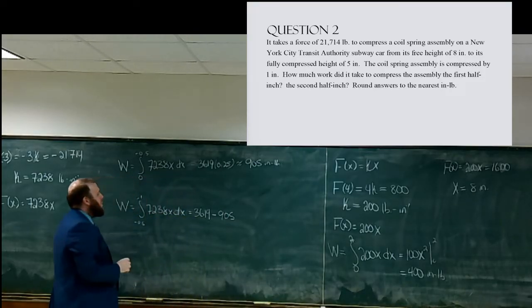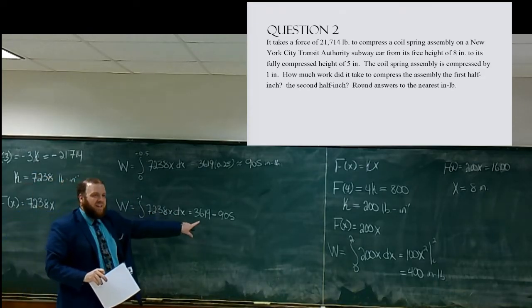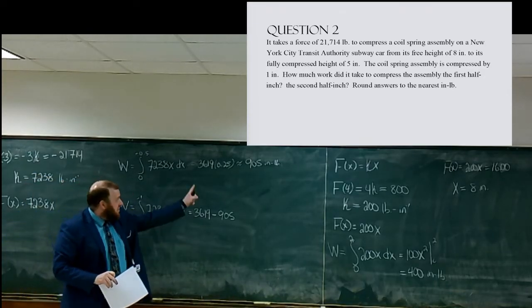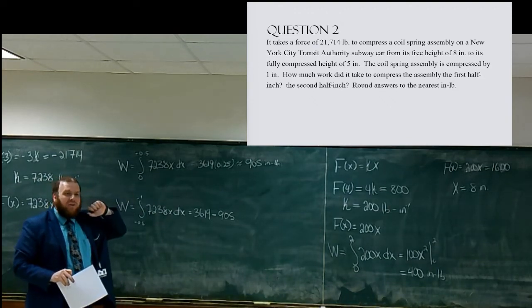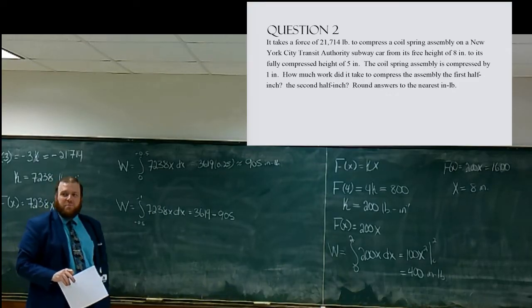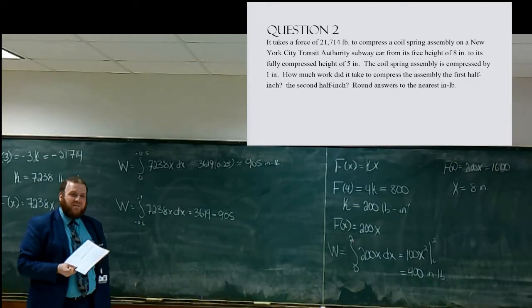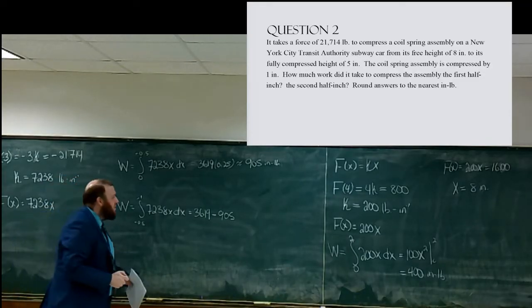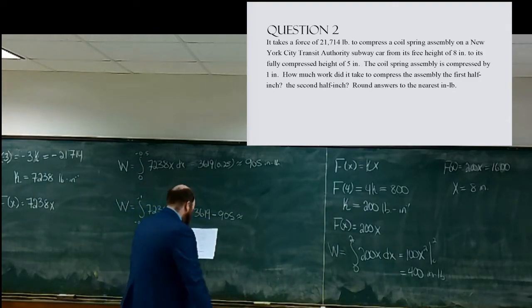Negative 1 squared is 1, right? So it's going to be 3619 minus 3619 times 0.25, which was 905. We already did that, right? You also could just do 3619 times 0.75, 1 minus 0.25. Either way. What does that give you? 2714.